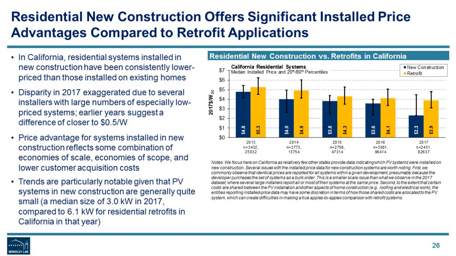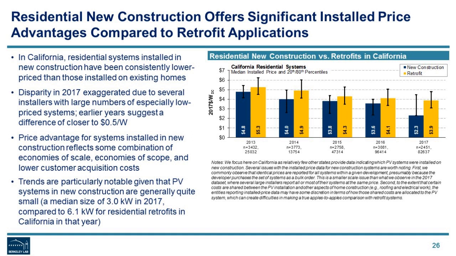And there's some reason to expect that system prices in new construction would be lower than for retrofits, given the economies of scale and scope that you might be able to obtain in a large housing development, for example. Customer acquisition costs would also presumably be lower, since you're not having to go out and market to individual customers in the same way as you would with residential retrofits.